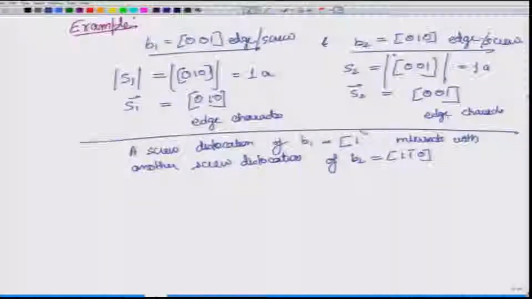Actually, this is 1 1 0 and this is 1 bar 1 0. So, we have one screw dislocation whose Burgers vector is 1 1 0 and another screw dislocation whose Burgers vector is 1 bar 1 0.